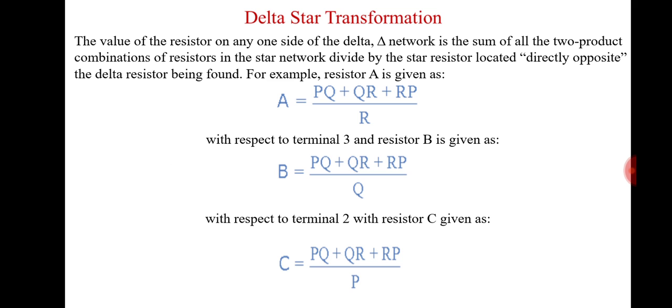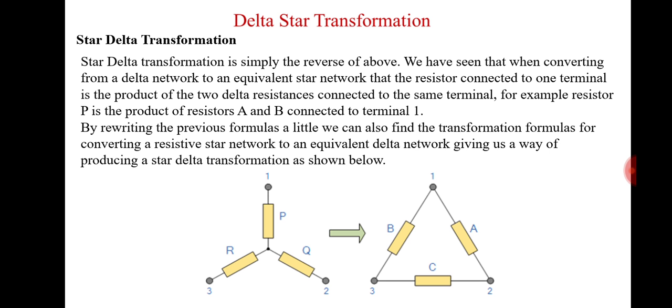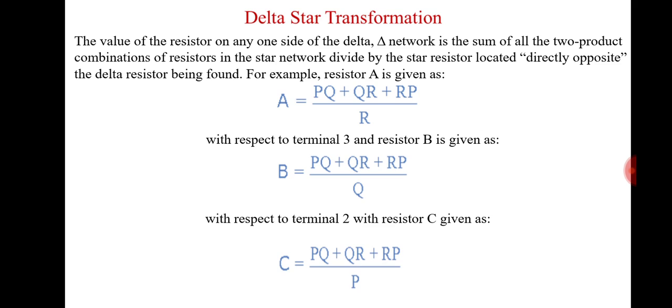For example, resistor A is given as (PQ plus QR plus RP) divided by R, with respect to terminal 3, and resistor B is given as (PQ plus QR plus RP) divided by Q, and C is equal to (PQ plus QR plus RP) divided by P.